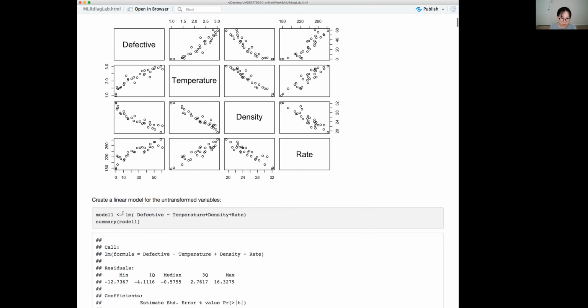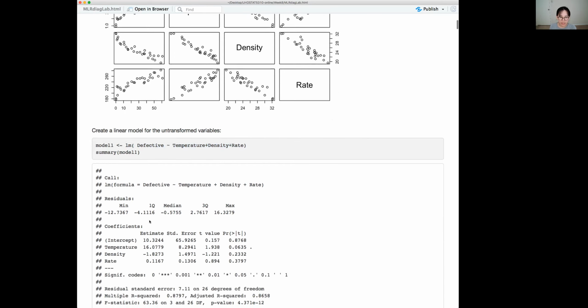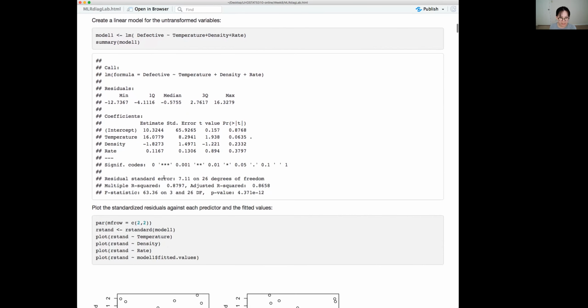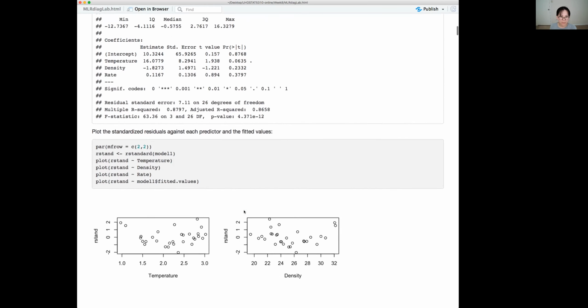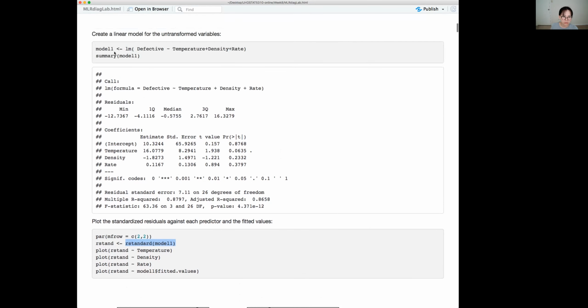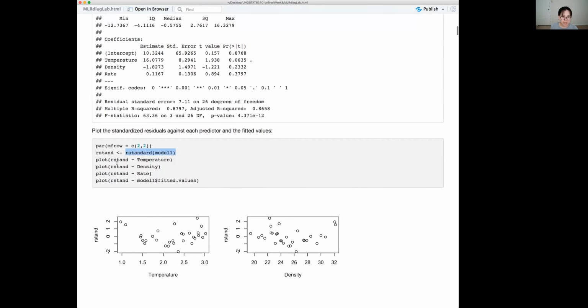So this is how we do this multiple linear regression, and we get the summary of it. We check the standardized residuals by plotting them. This is how I extract the standardized residuals from your model, and you plot them against each of your predictors and also the fitted values.